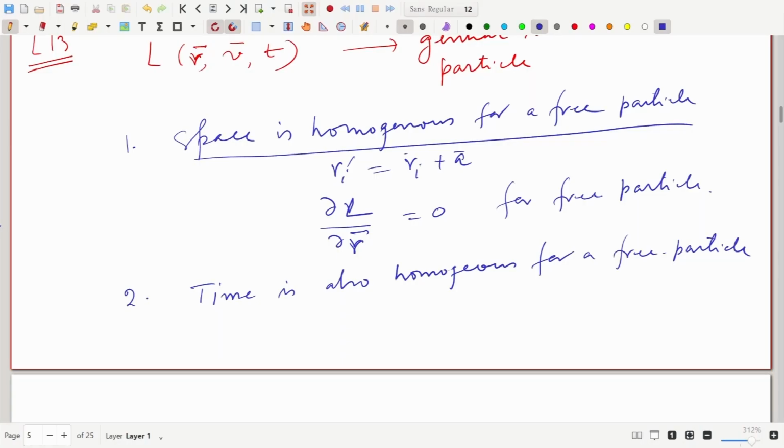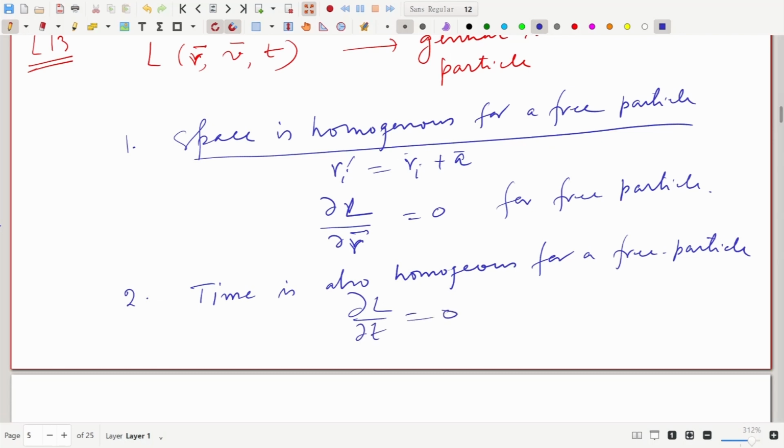So whether you look at that particle at 10 o'clock or 11 o'clock or 12 o'clock, you will find the same dynamics. It is moving with a constant velocity, constant speed in the same direction. So time is also homogeneous for a free particle. So the Lagrangian cannot depend explicitly on time either.